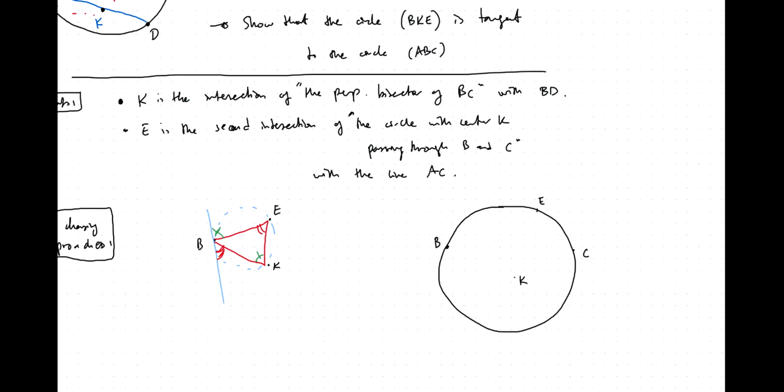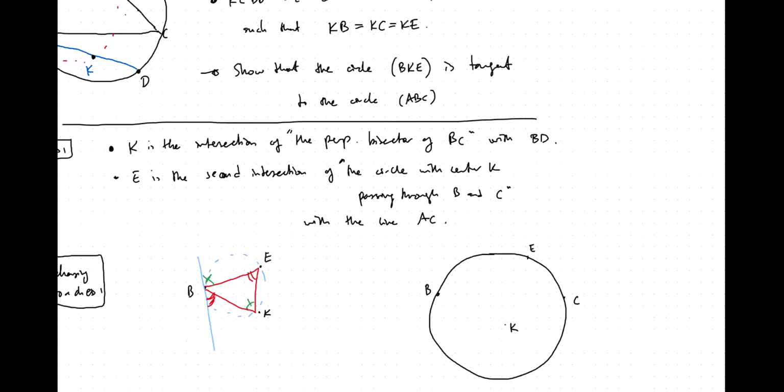Well, E is on this circle, but E is of course not an arbitrary point. We also know the direction of EC. We know that E is on this circle, and we know this line.